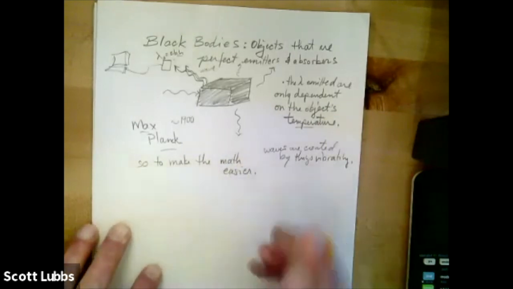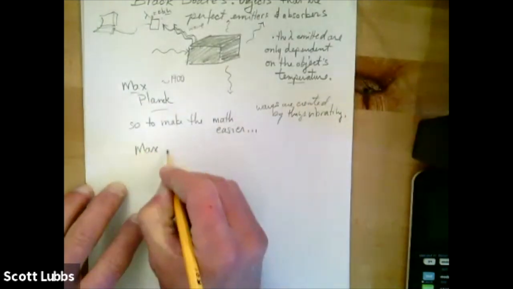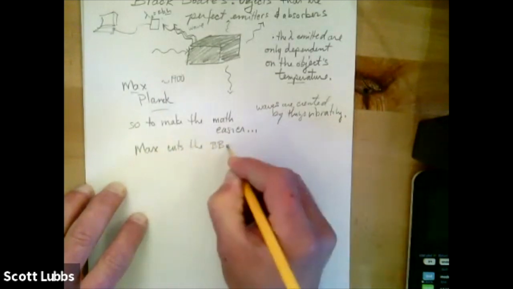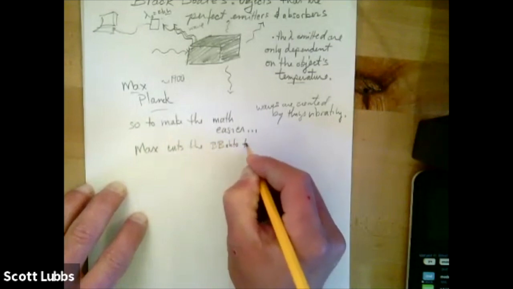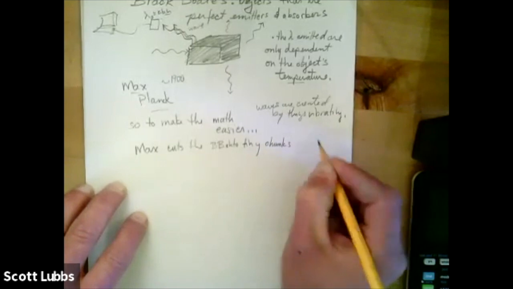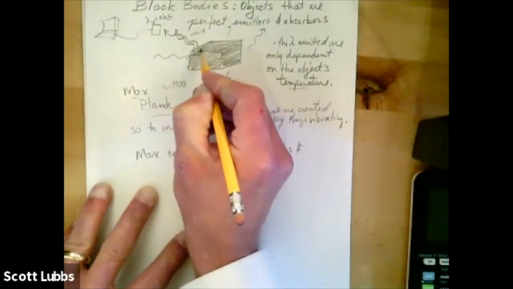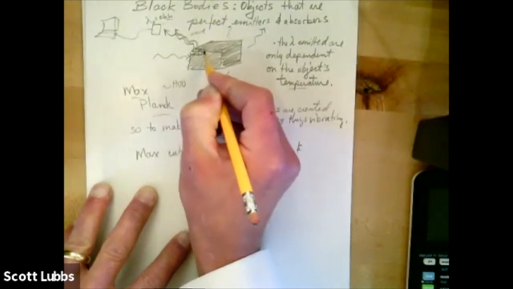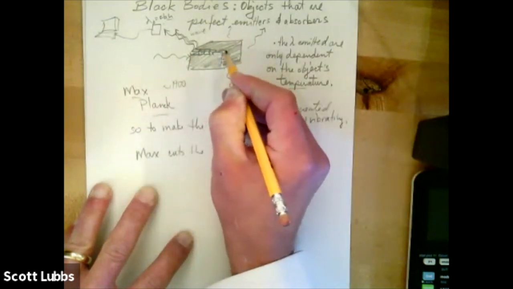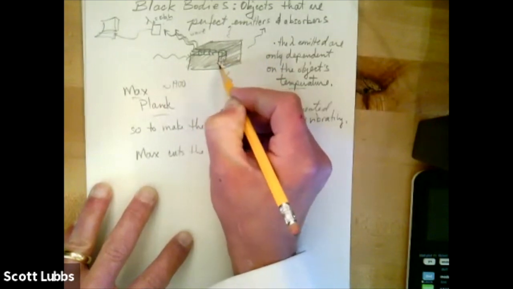So to make the math easier, Max cuts the black body into tiny chunks and then integrates across the tiny chunks. Here's this piece, here's this piece, here's this piece.